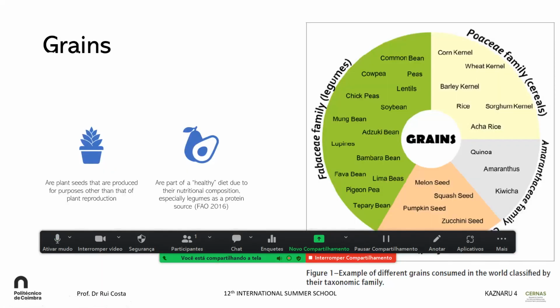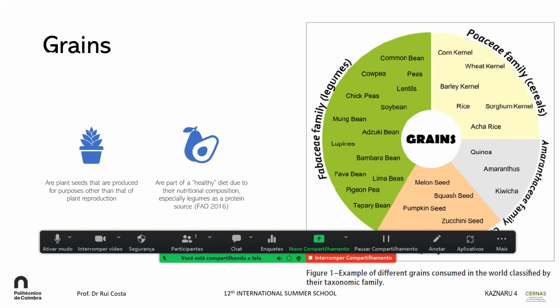But let's speak first about a bigger family to which the pulses belong. I'll speak about the grains first. There are several families of grains. And the grains are defined as plant seeds that are produced for purposes other than that of plant reproduction. They are part of a healthy diet due to their nutritional composition, especially legumes.